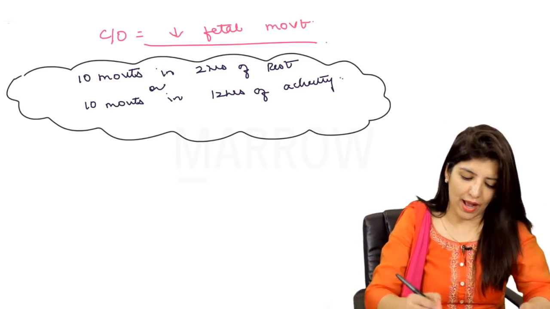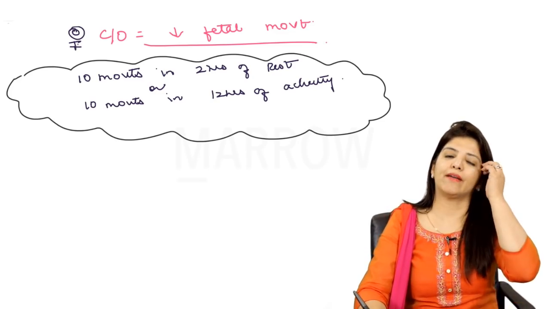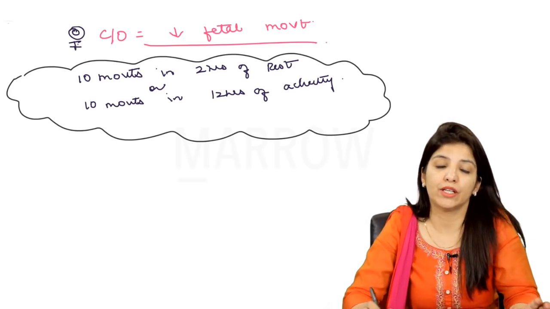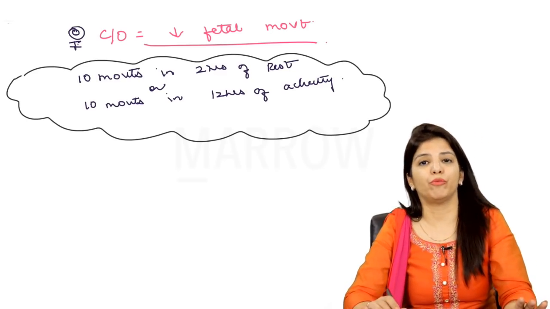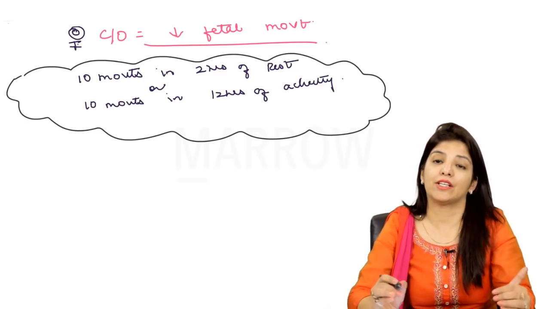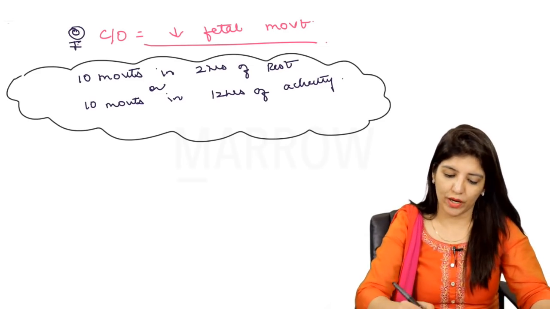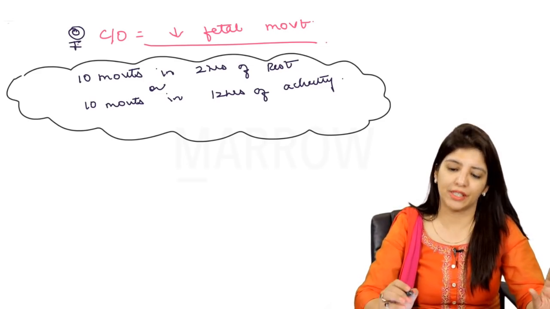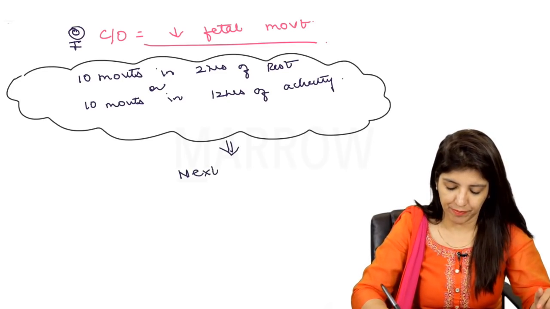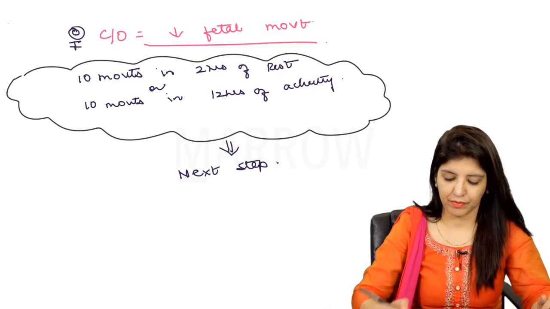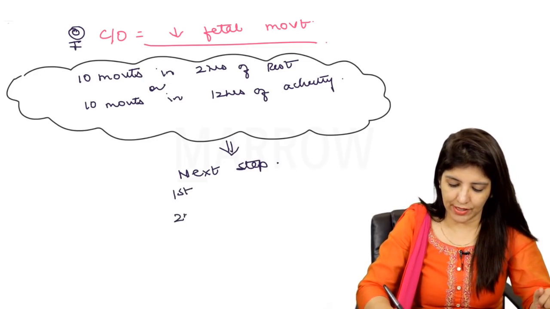So whenever you have a pregnant female who comes to you and says that she is having decreased fetal movements, please do not take it as a light problem. Decreased fetal movements indicate that yes, there might be a fetal distress, right? So whenever a patient comes to you with decreased fetal movements, the next step, right? Now the first option and the second option.